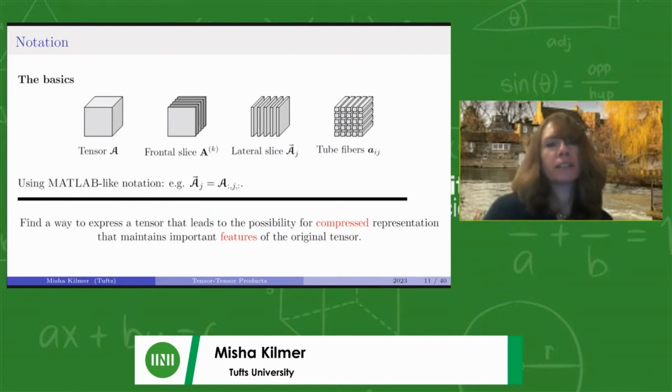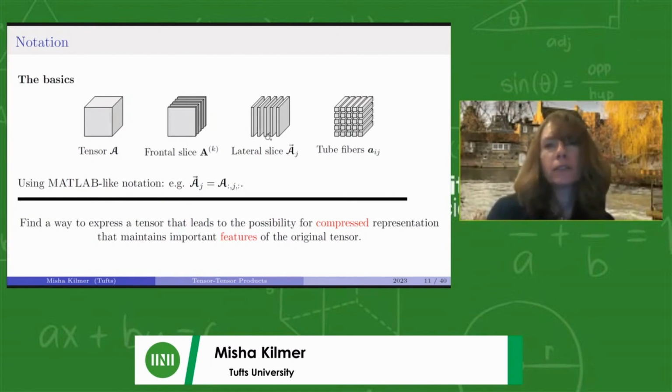So basically, the thing that I would like for you to have in the back of your head is that I can look at a 3rd order tensor as if it is basically a matrix of these tube fibers. So if I took the tensor and turned it front on, it would look like a standard matrix if you didn't see the 3rd dimension.